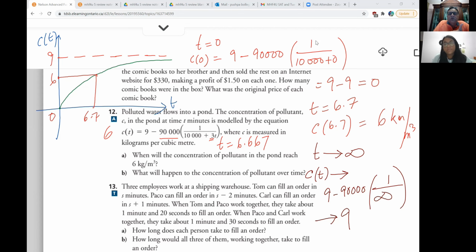Then it gets polluted, and the pollution increases quickly, but at the most, it is going to go to 9 kg per meter cube, as per this given model. Is it okay? So we'll say this will be our horizontal asymptote. It'll approach 9 kg per meter cube, as shown in this particular graph. And that is how you could explain it.